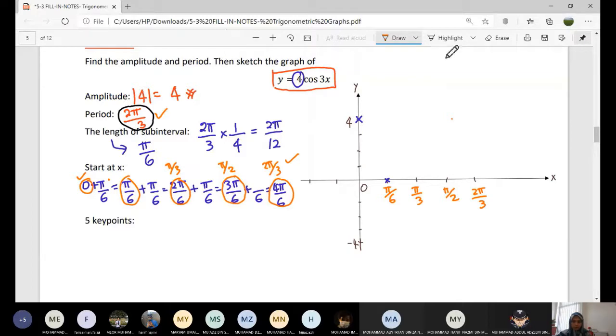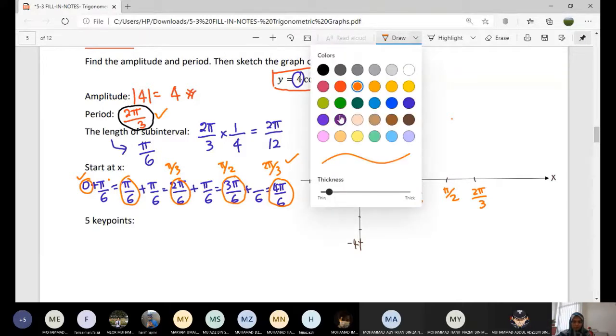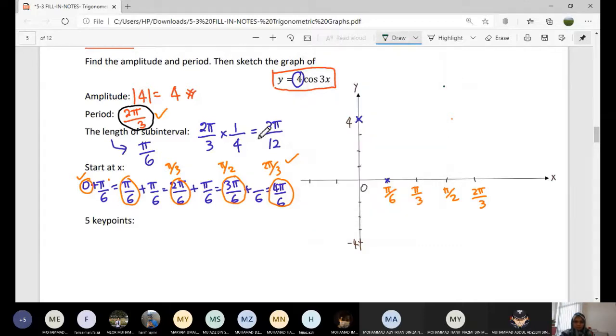And then we plot the points. For the amplitude 4, we have at 0, 4. The 5 key points will be 0, 4. The next will be pi over 6, 0.